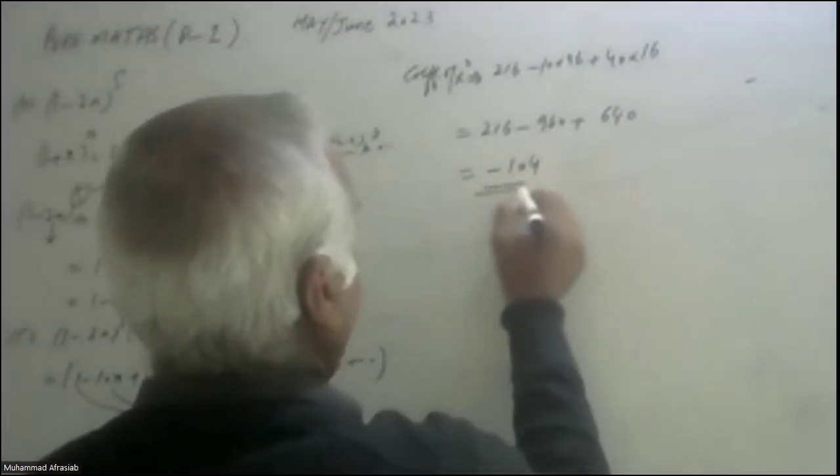So this is the required answer for the coefficient of x squared from the expansion of 1 minus 2x to the power 5 into 2 plus 3x to the power 4.